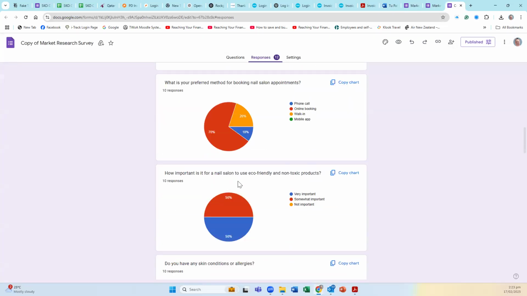How important is it for a nail salon to use eco-friendly and non-toxic products? It's 50-50.